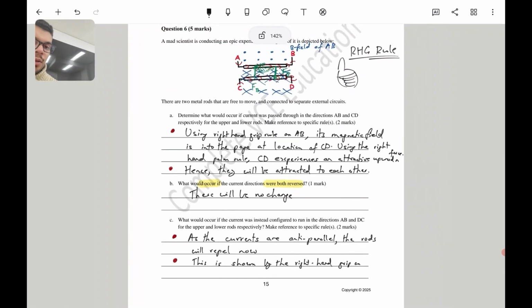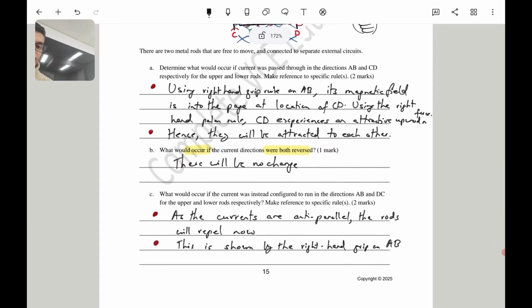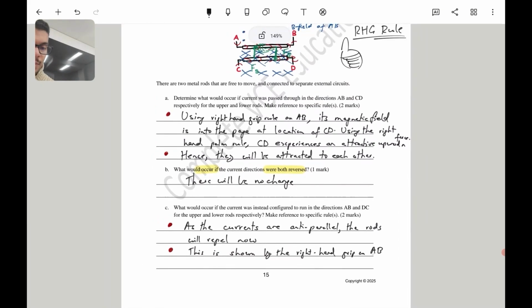Okay, and we can use the right-hand grip rule on AB, giving a magnetic field at DC being into the page. Okay, same as before, so the direction of the magnetic field for AB doesn't change.